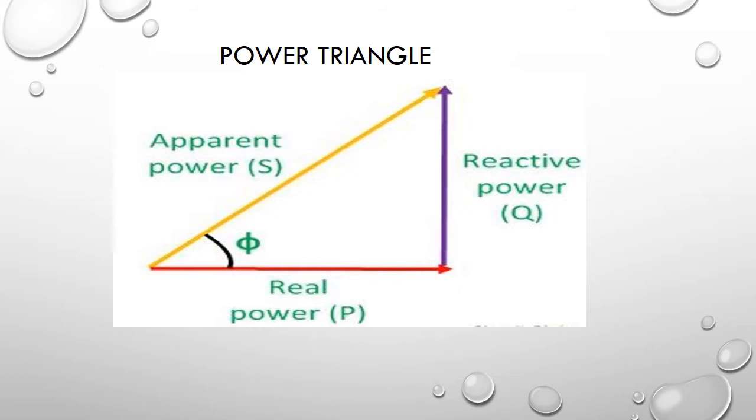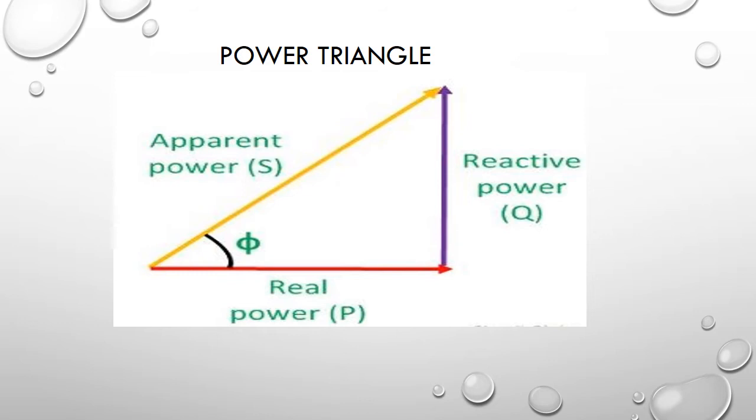The triangle is a right angle triangle. Real power is the working power, what is able to be felt at the load, while reactive power is the one that is caused by capacitive or inductive components in a circuit.